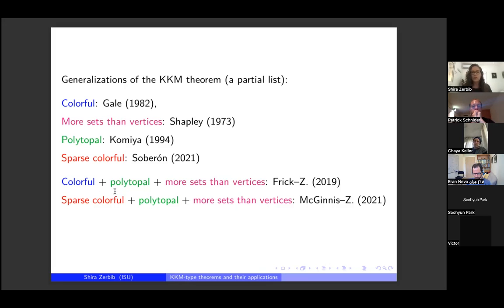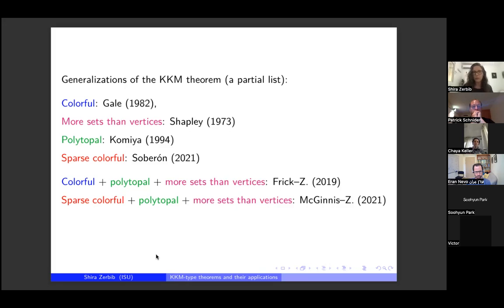And there are also combinations of these. So there is a colorful polytopic Shapley result that was proved by Florian Frick and myself in 2019. And also recently with my student Daniel McGuinness, we proved the sparse colorful version of this theorem.